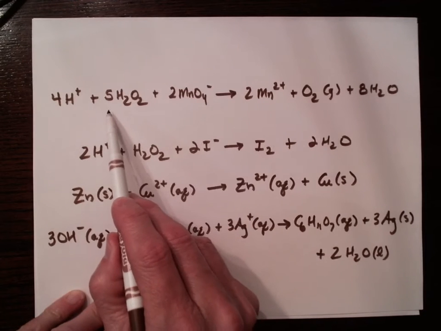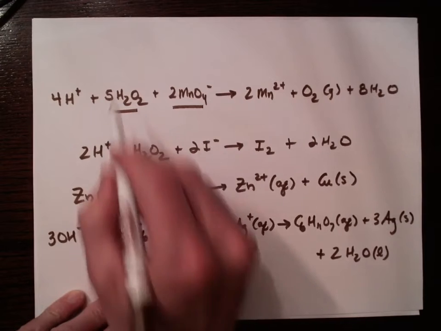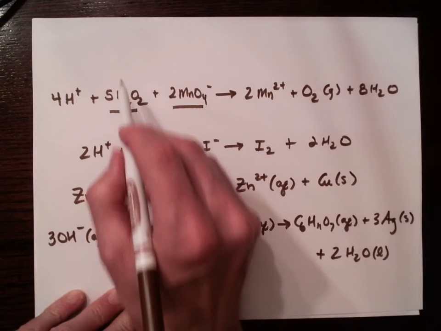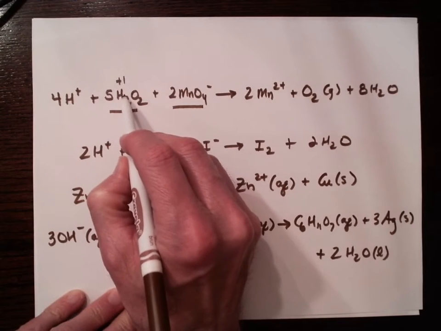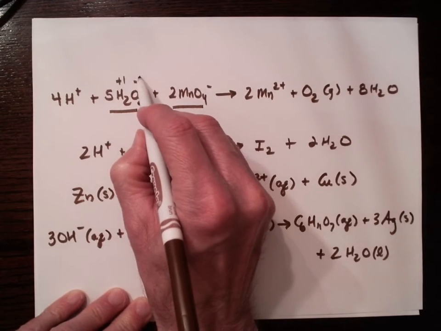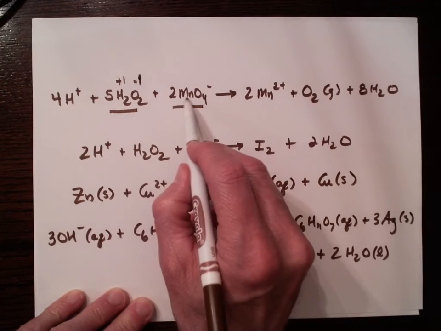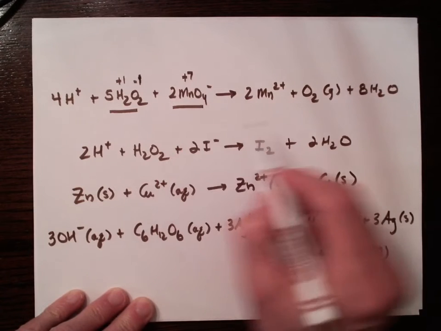I'm going to zero in on these substances here. If you run through the oxidation numbers on these, you'll see that hydrogen is +1 in hydrogen peroxide and oxygen's -1 in hydrogen peroxide. And you'll also find that in permanganate we showed that manganese is +7.